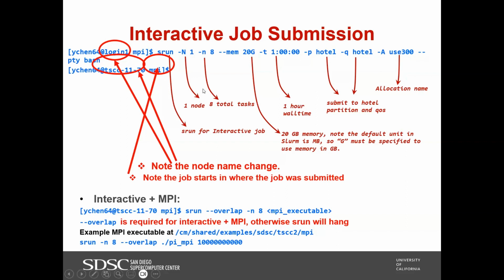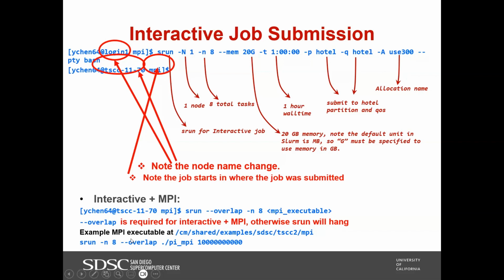When your interactive job has started, you can use another SLURM command to run your MPI executable, and you can specify the number of MPI processes you want to use, but you must add the overlap option for MPI executables in the interactive job. Otherwise, SLURM will hang. That only applies to the interactive job plus the MPI run. For the batch job, you don't have to use this option.